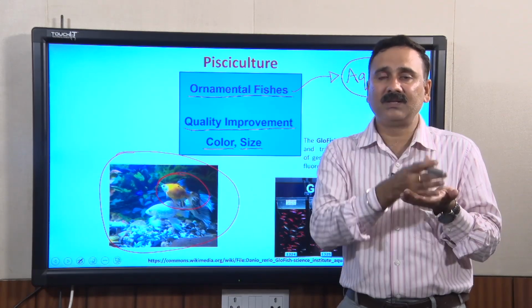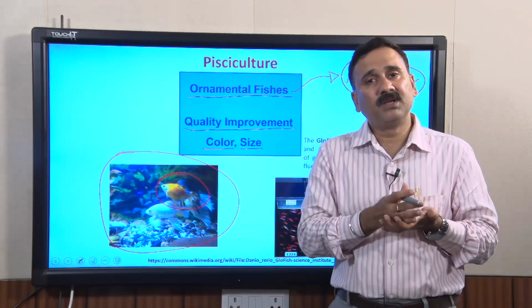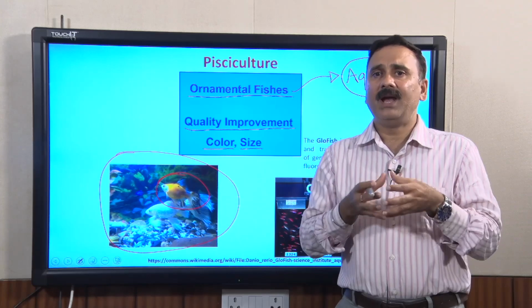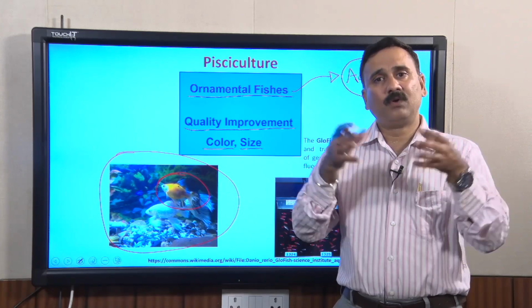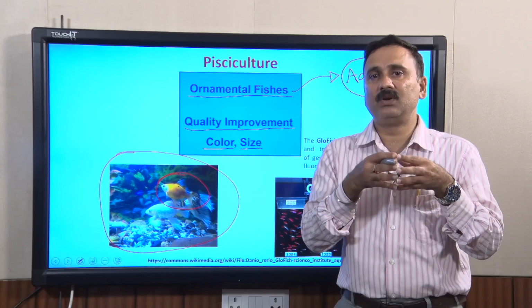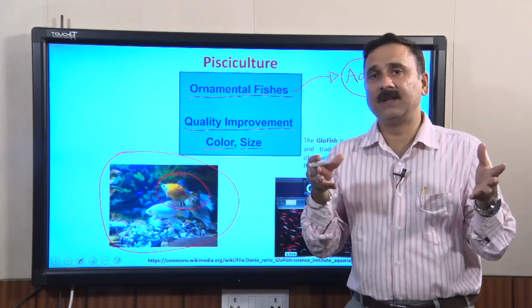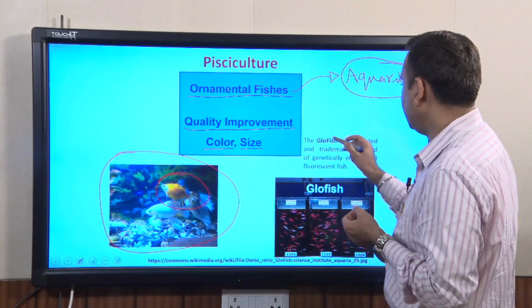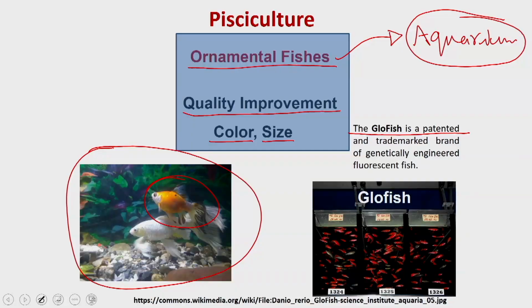They started expressing green fluorescent proteins, red fluorescent proteins, yellow fluorescent proteins and so on, and they also discovered some other fluorescent proteins. Because of that, they were able to generate fluorescent fishes, and they named these fishes the glow fishes. The GloFish is a patented and trademarked brand of genetically engineered fluorescent fishes.